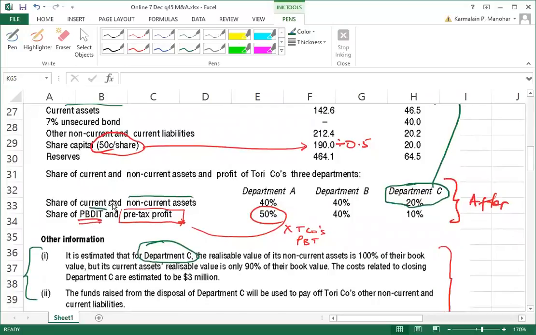So share of current and non-current assets are up here. I was looking to see what share of that we are paying off. After we deal with the 3 and selling costs, are we paying off a share of this 20.2?